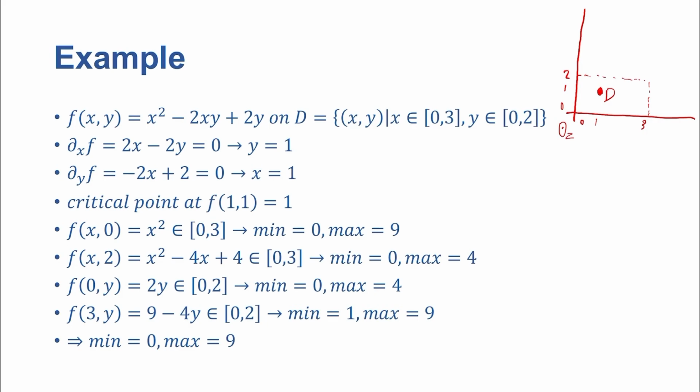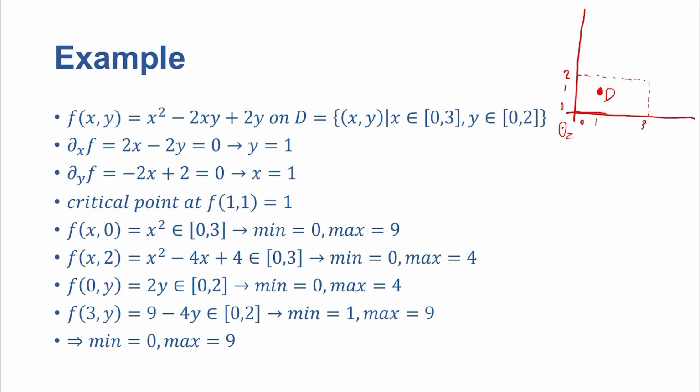Well, now we've only done half of the work, or really less than half of the work, because now we need to find all of the possible values on our boundaries. So first, we are going to try the boundary where we're going along the line y equals 0.